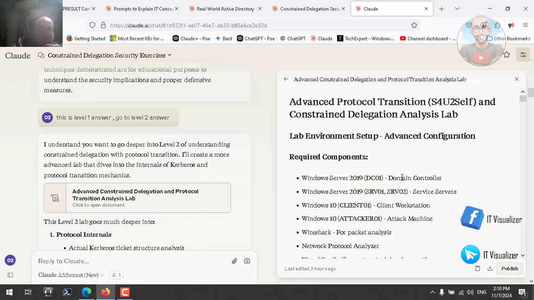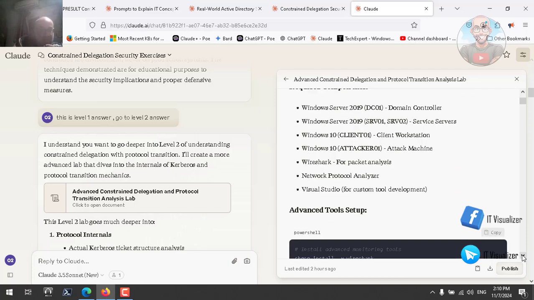Now we have DC1, we have two servers, we have a client, we have an attacker, we have Wireshark for analyzing the data transmitted, a network protocol analyzer. Maybe this is Visual Studio for custom tools deployment.